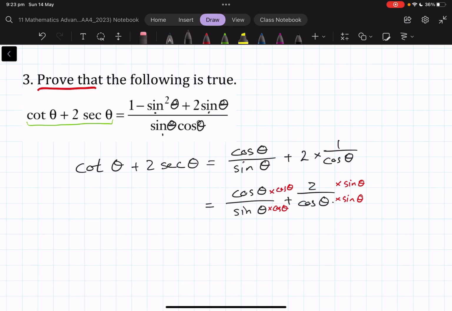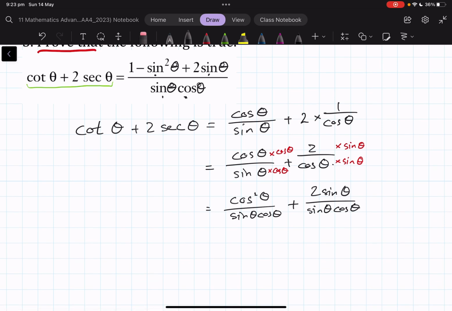So here's what's going to happen. We're going to get cos times cos is cos squared theta over sine theta cos theta plus 2 sine theta over sine theta cos theta. Now we've got the same denominators, which you notice is what's up here. So we're getting to the point where we need to get. So I'm going to get cos squared theta plus 2 sine theta over sine theta cos theta.